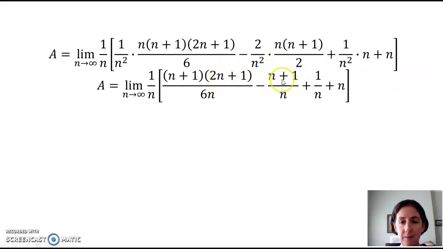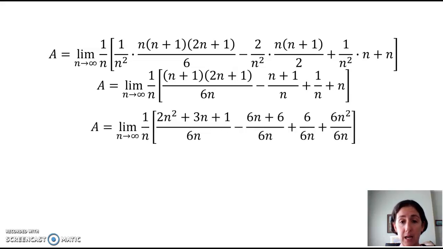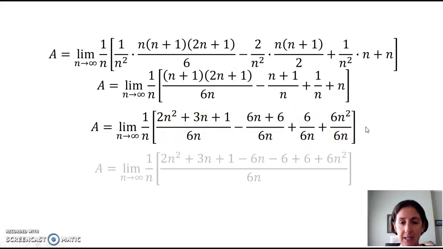And now I have 4 different terms being added and subtracted. In order to add and subtract them, I'm going to need a common denominator, and it's going to be 6n, right? So multiply the top and the bottom here by 6, multiply the top and the bottom here by 6, multiply the top and the bottom here by 6n. Once all the denominators are the same, I can add and subtract their numerators over that denominator.